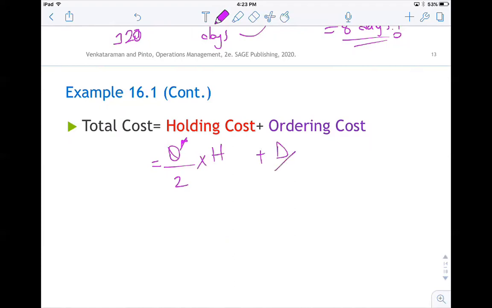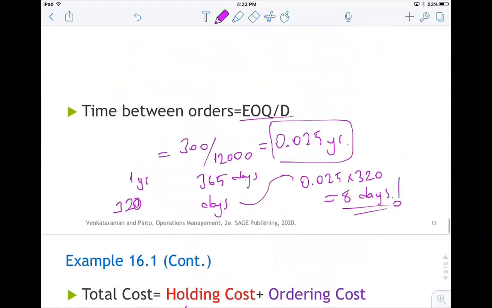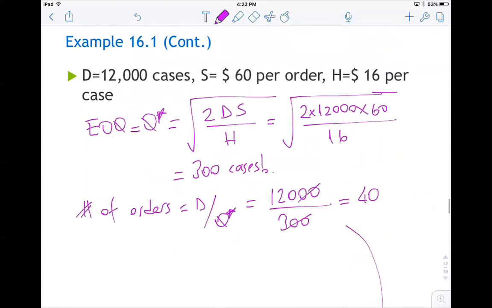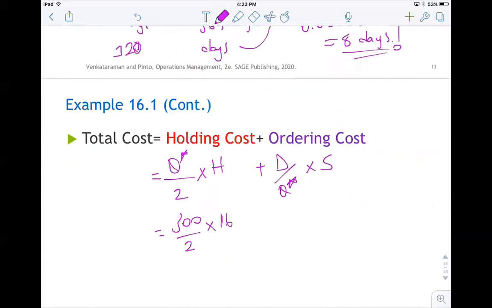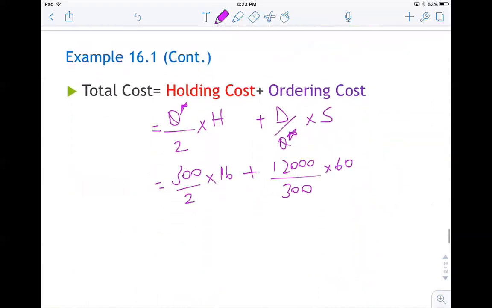As you remember, D divided by Q star is the number of orders, and every time I order from my supplier, I will have to pay $60 for it. So if you plug in the numbers, holding cost was $16, and my demand, 12,000 divided by 300, times my 60, which is the ordering cost.